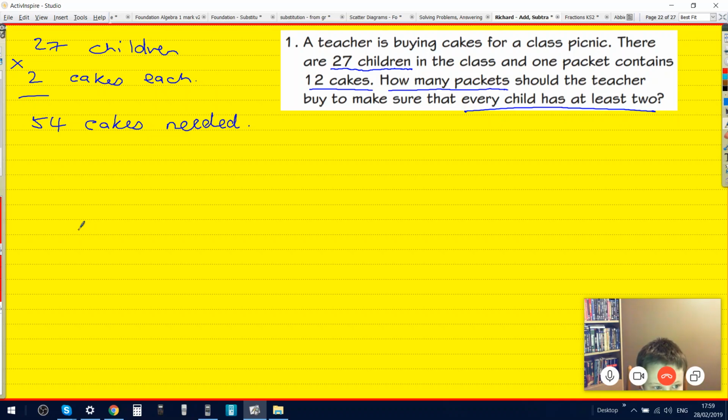No. So 54 cakes are needed. Yeah. 12 cakes per pack. Yeah. How many packs needed? 54 packs.